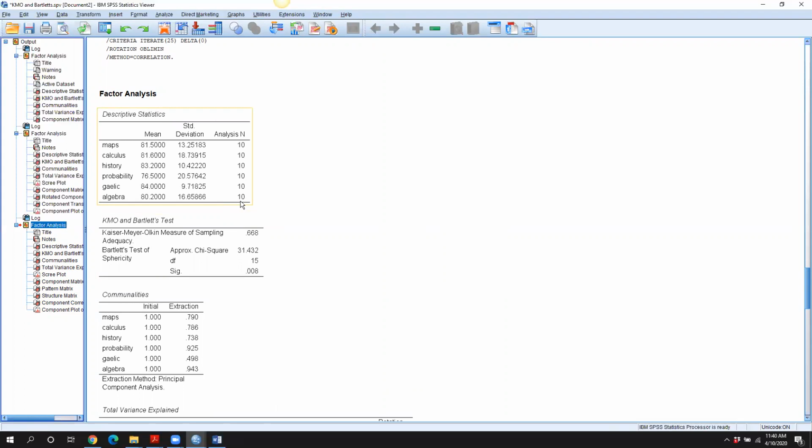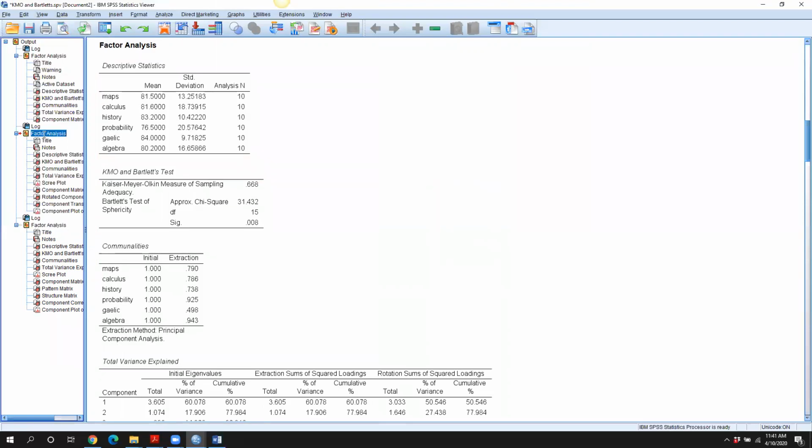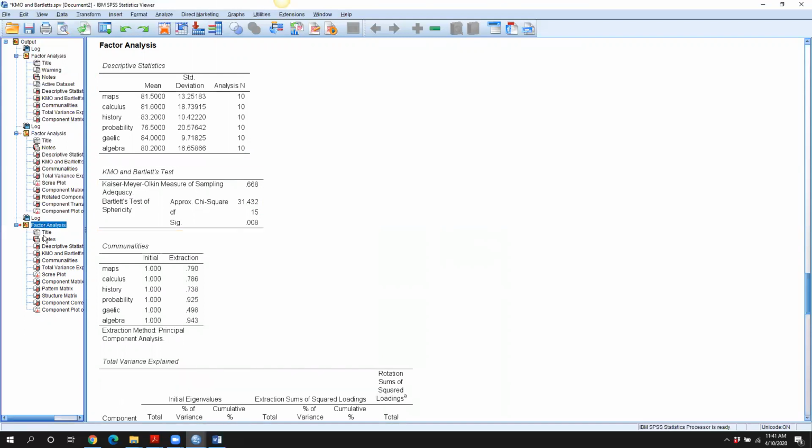To proceed, the KMO should be above 0.6 or 0.65, and the Bartlett's test of sphericity should be less than 0.05 in the p-value, and indeed it is. So they both pass the litmus test. You look here, 0.668 with the orthogonal solution, and 0.008 in the significance. Again, above 0.6 and below 0.05. So you could move on and look at your data.